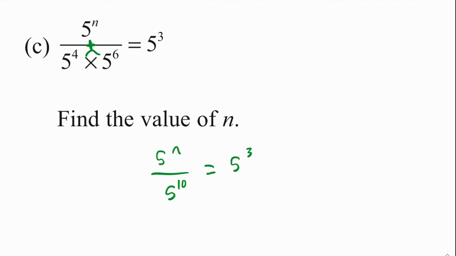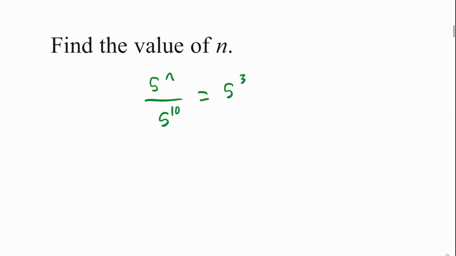Okay, we now need to rearrange our answer to get 5 to the power of n on its own on one side of the equal sign. To do this, it's just like linear equations. All we have to do is multiply both sides by 5 to the power of 10. So when we multiply both sides by 5 to the power of 10, we are left with 5 to the power of n on the left, and 5 to the 3 multiplied by 5 to the 10 on the right.